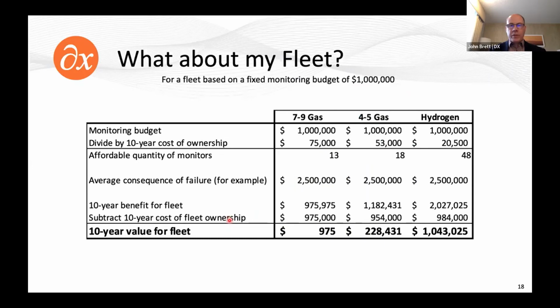I don't have the luxury of an unlimited budget. I have a fixed monitoring budget. And in this case, I'm assuming I only have $1 million.